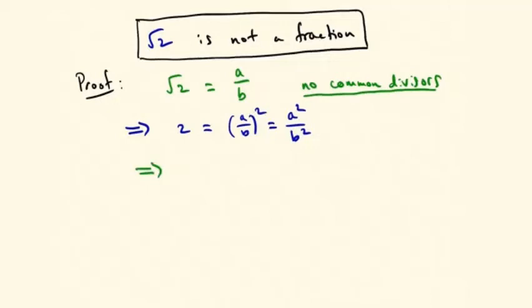Okay, so if we multiply both sides by b squared, we get 2b squared is equal to a squared. Okay, so a squared is 2 times a counting number, 2b squared, so it's even. Okay, and it follows, you can think about why this is the case, that a itself must be an even counting number.